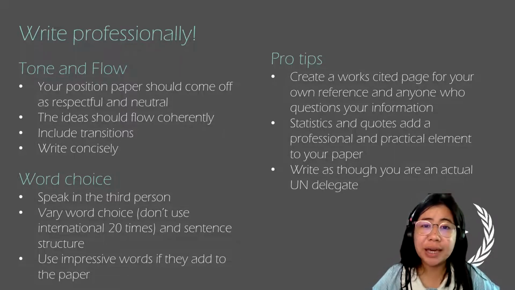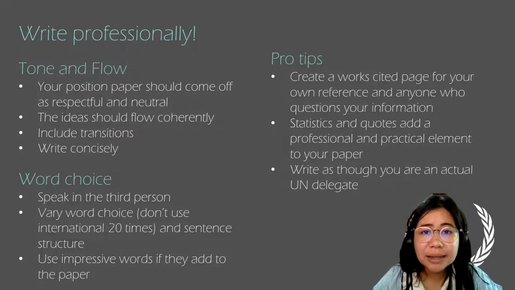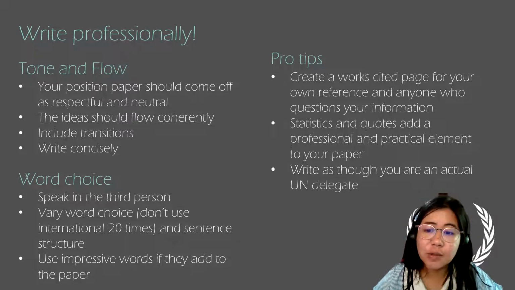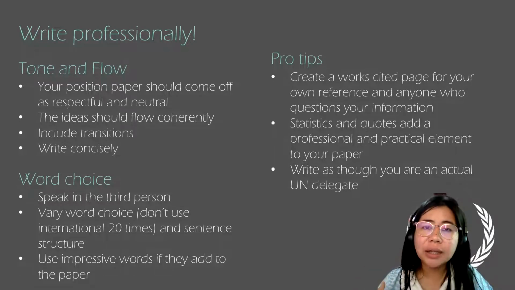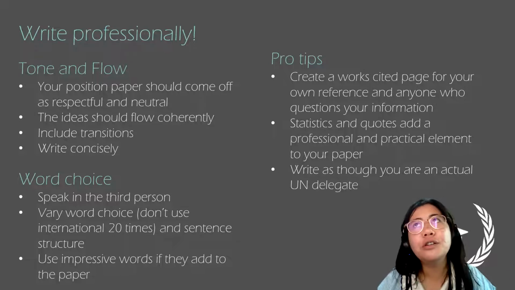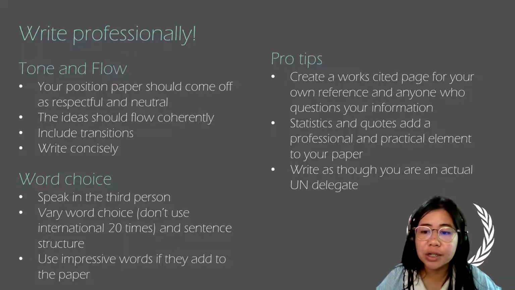Avoid using simple sentences all throughout the paper. You can use compound sentences, complex sentences, and compound-complex sentences. So you have to vary the sentence structure as well as your word choice. Do not keep on repeating the words. You have to look for other synonymous words, so that we have variety in our word choice.